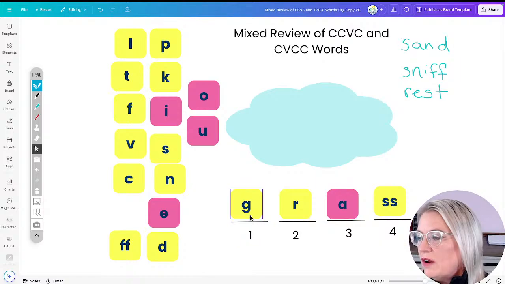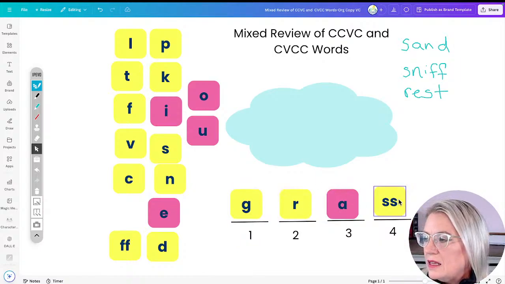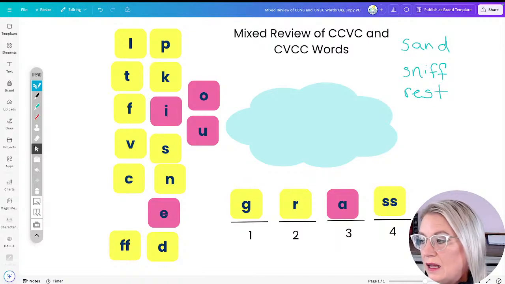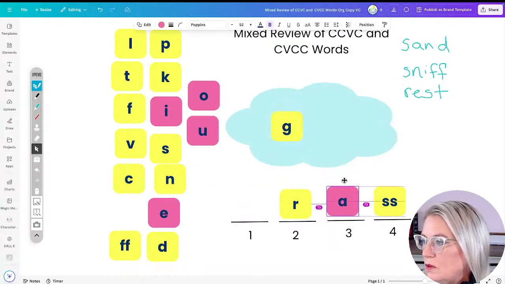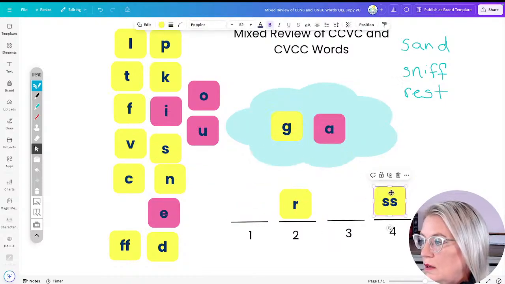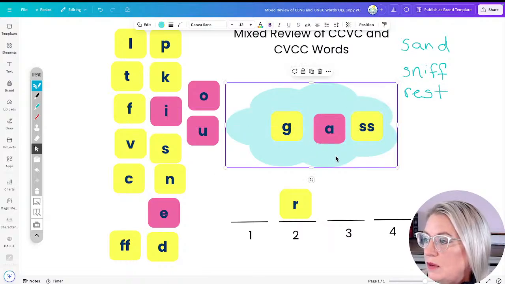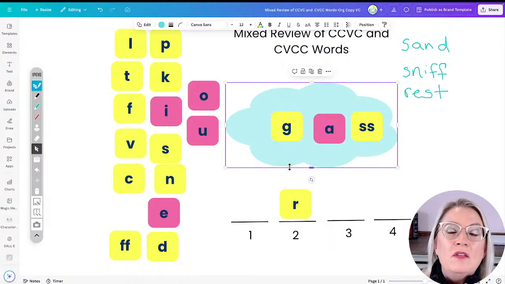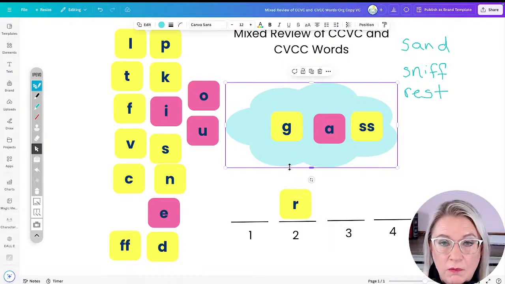So the sounds in grass are g, r, a, s. And then we blend those together. Grass. And I'll tell you, there have been many, many times where I've had students who are faced with this word and they'll want to tell me that this is grass or glass because they've learned the blends so well that they don't know how to take the sounds back apart again.